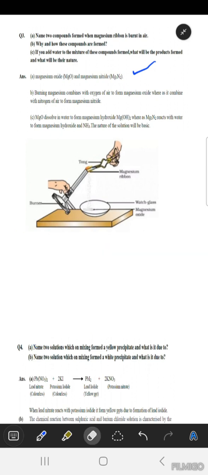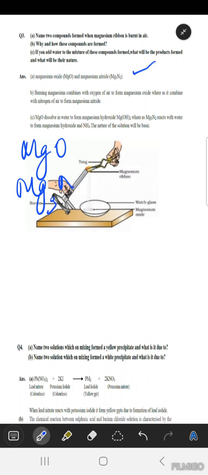In part C, you have to react these compounds with water. The two compounds formed are magnesium oxide and magnesium nitride. We have to write the compounds which are formed when these two compounds react with water. Let us see.